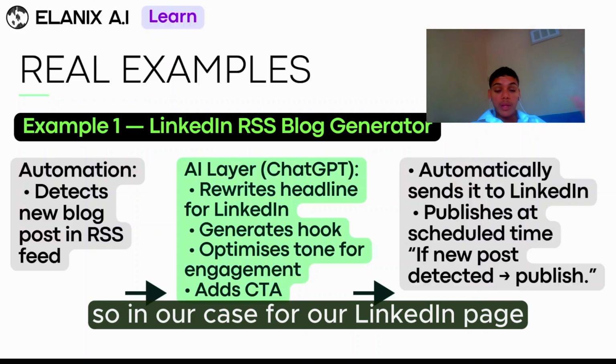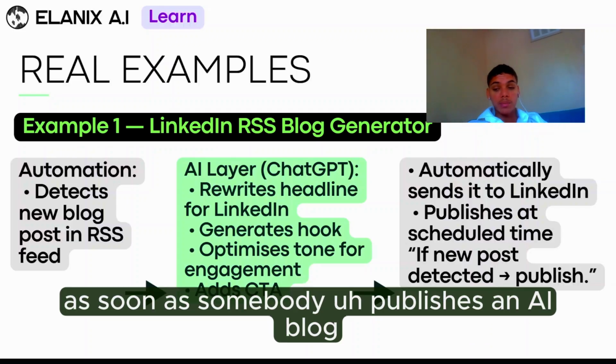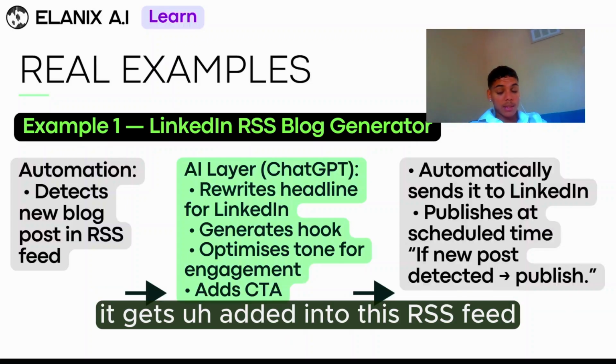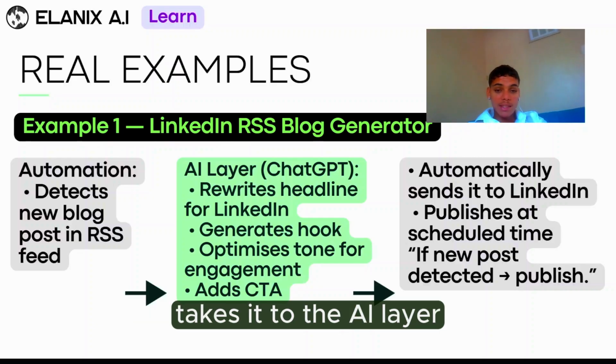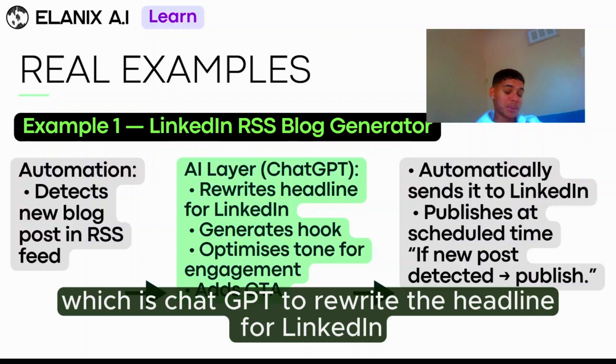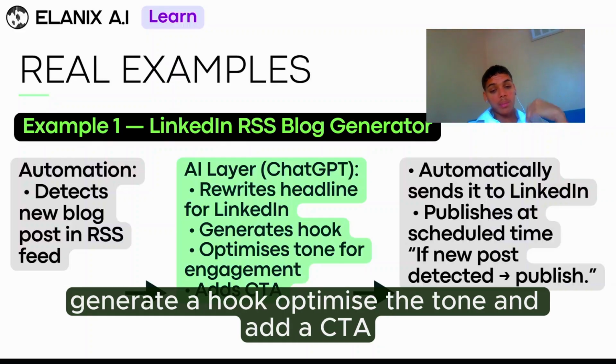So in our case, for our LinkedIn page, as soon as somebody publishes an AI blog, it gets added into this RSS feed. The automation detects that, takes it to the AI layer, which is ChatGPT, to rewrite the headline for LinkedIn, generate a hook, optimize the tone, and add a CTA.